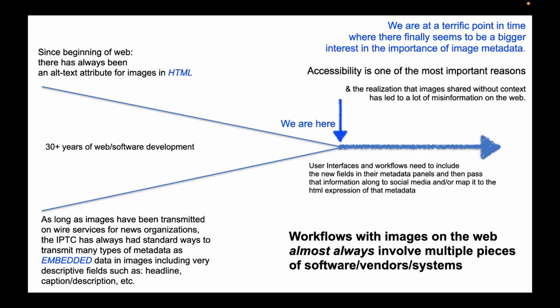That's why it's been prioritized. But now, of course, we have these wonderful initiatives, the C2PA and the Content Authenticity Initiative, who realize and are really promoting the fact that images without context have led to a lot of misinformation problems on the web.